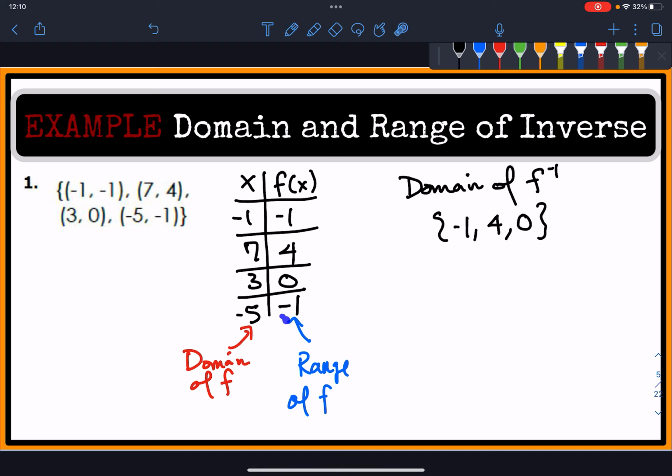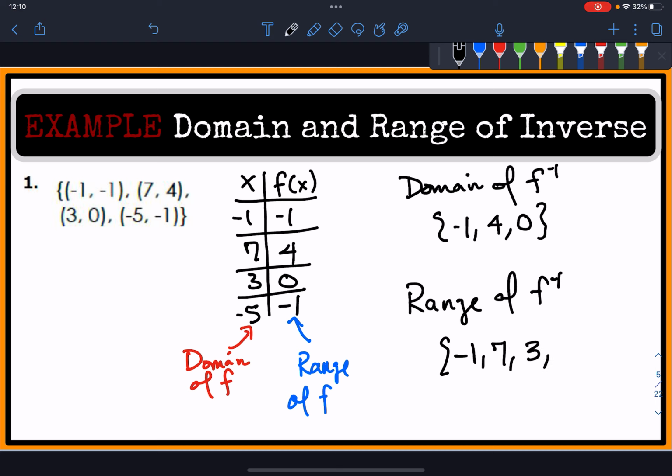Well, negative 1 also, but that number is already in the list. So this is the domain for f inverse. And the range for f inverse is going to be the domain of the function. So our range is negative 1, positive 7, positive 3, and negative 5.